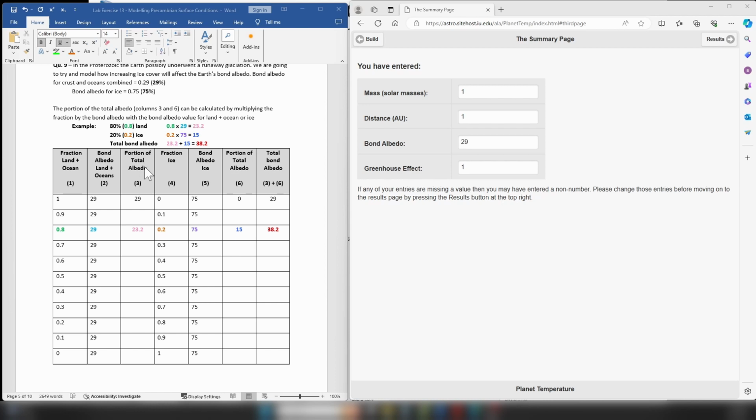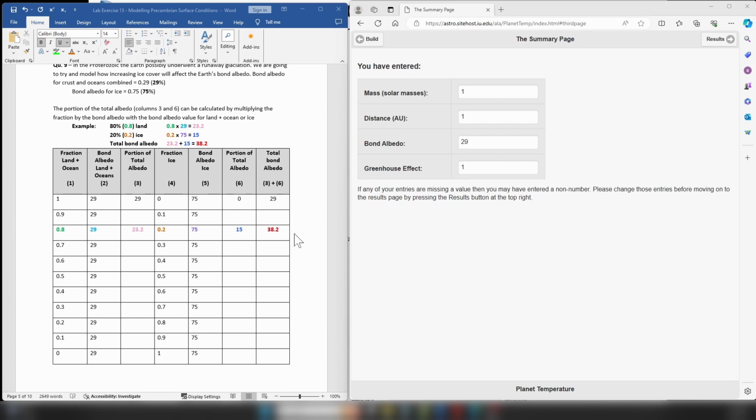So for the total portion of the bond albedo for land plus ocean, we are going to take the fact that it is 80% land plus ocean and the bond albedo is 29, and we're going to do 0.8 multiplied by 29, and that's going to give us 23.2. We're then going to do the ice fraction, so that's 20%, so 0.2, and we're going to multiply that by 75, which is the bond albedo, and that's going to give us a value of 15.